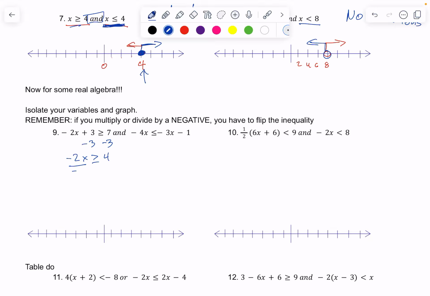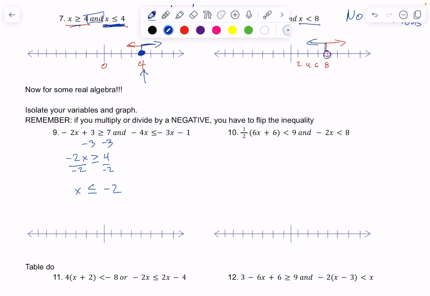I'm going to divide this by negative 2, divide by negative 2. What happens when I divide by a negative number? Very important alligator swap. So I'm going to get x is less than or equal to negative 2. Keep in mind that I swap the signs. Whenever I multiply or divide by a negative number, I have to swap the signs.